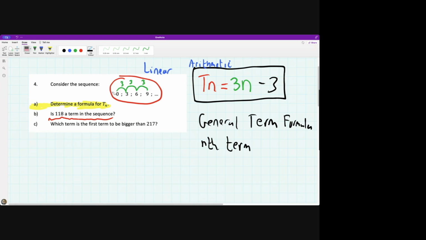Who can give me a tip to help me try and figure out, is 118 in this number pattern? Okay, so Bukle says no, and Bukle might be right, and Bukle might be wrong. I need a process. I need a way of actually showing with evidence whether 118 is in this number pattern.